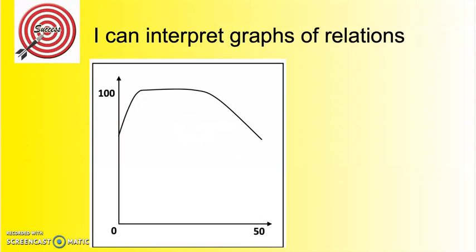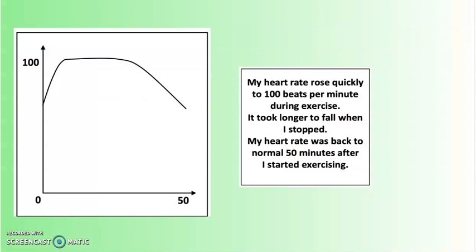Well, I came up with a scenario, and here's what I said. My heart rate rose quickly to 100. Think about it: a resting heart rate is usually roughly between about 65 and 75. So it rose quickly to 100 beats per minute while I was exercising, and it stayed roughly there.